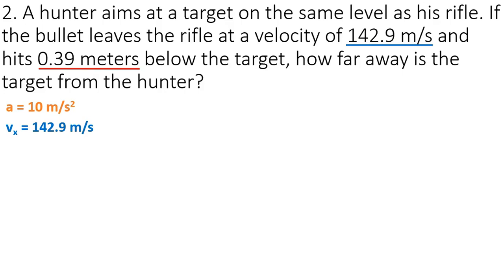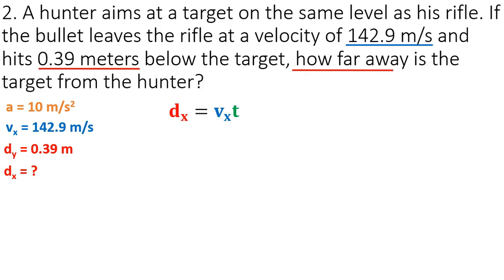When we talk about something being above and below, we're thinking in the vertical direction, up and down. So we know that this is our dy, our vertical displacement, 0.39 meters. We're looking for how far away is the target. We know that how far is looking for displacement. We already have the vertical displacement, so we must be looking for the horizontal displacement, or our dx.